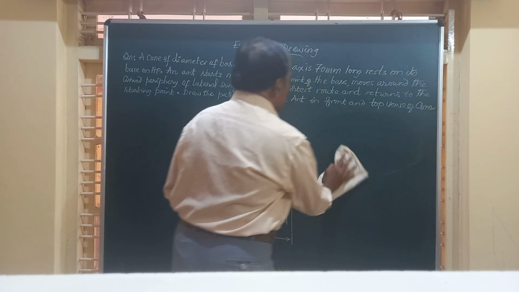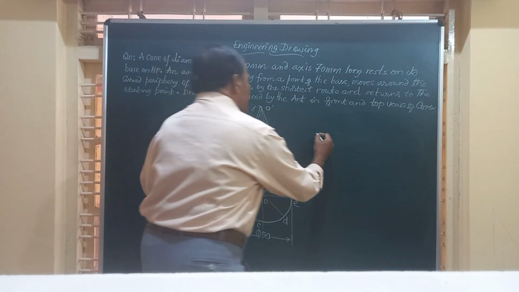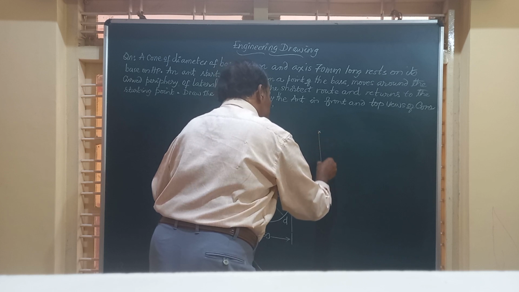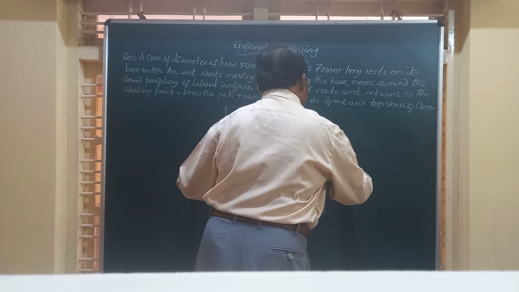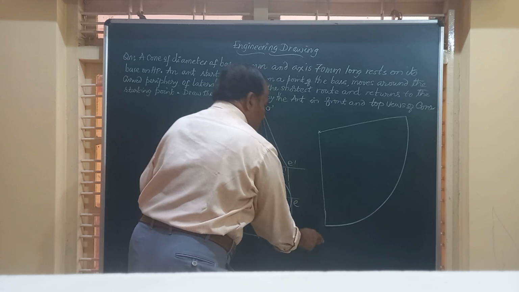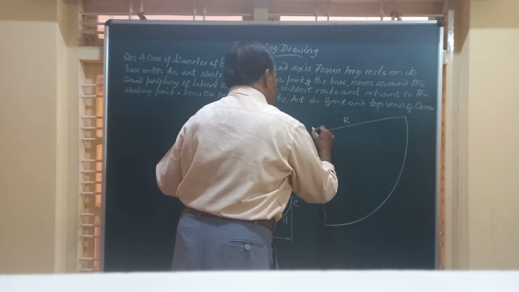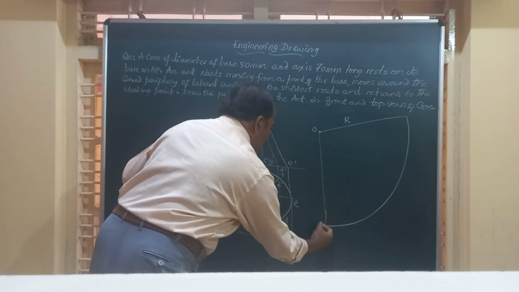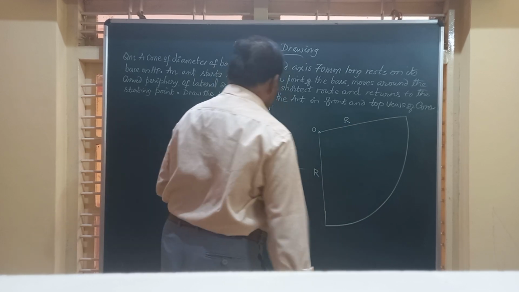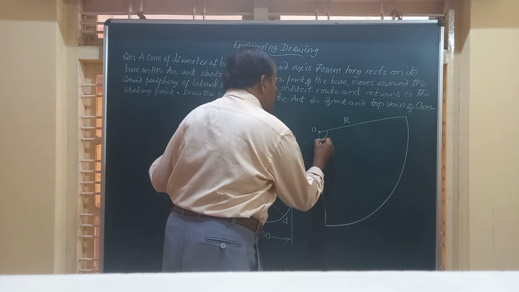Now after getting this value, friends, let us draw the sector or the lateral surface of the cone, assuming it is not cut by any section plane. So this is how we are going to get this sector with apex O, and this is the true length of the generators. We have divided the base circle into 8 equal parts.